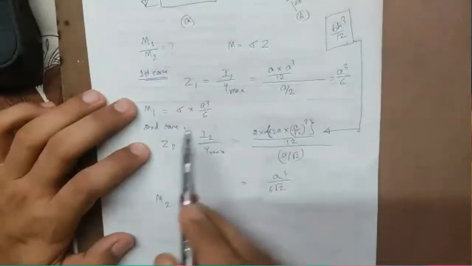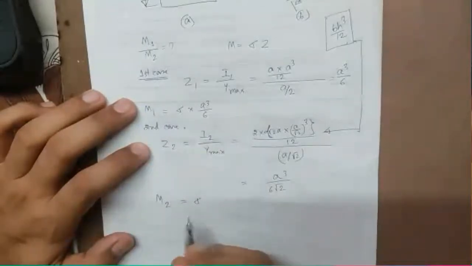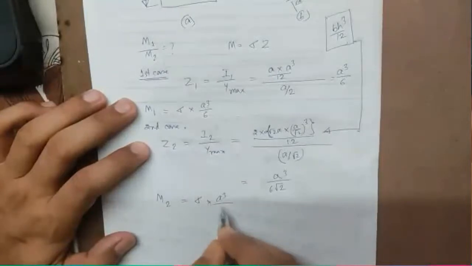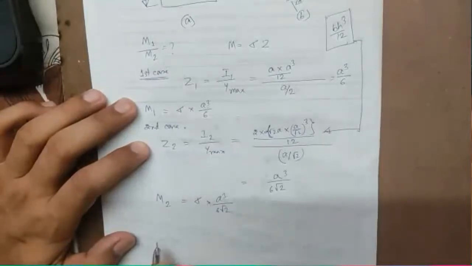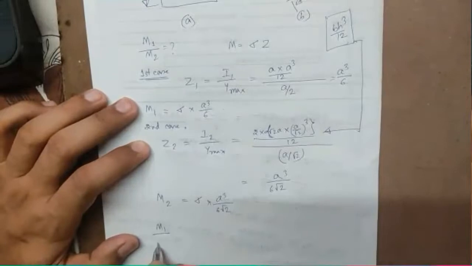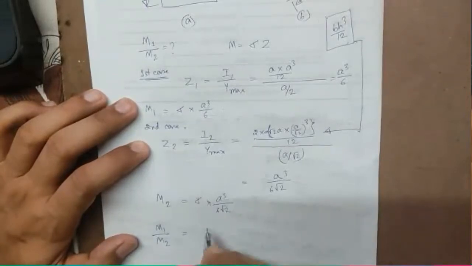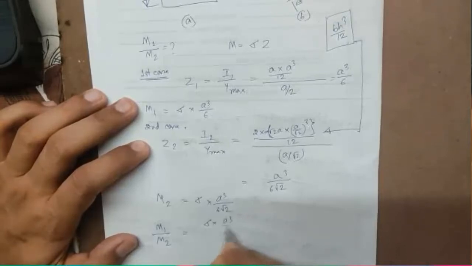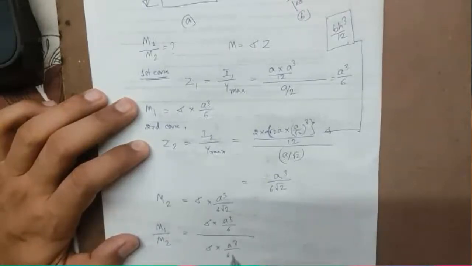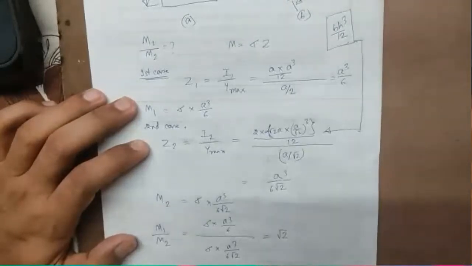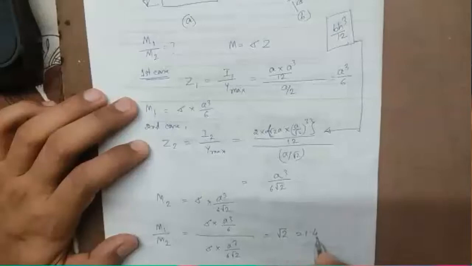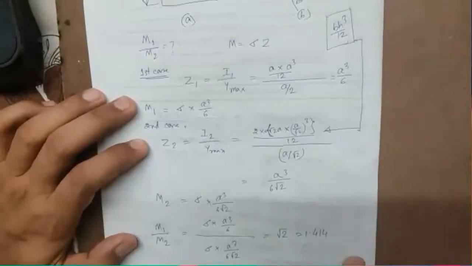So here we have found out Z1, and M2 will be sigma into a cube by 6 root 2. So when we take M1 by M2, this becomes sigma into a cube by 6 divided by sigma into a cube by 6 root 2. So this will become root 2. So the answer will be 1.414.